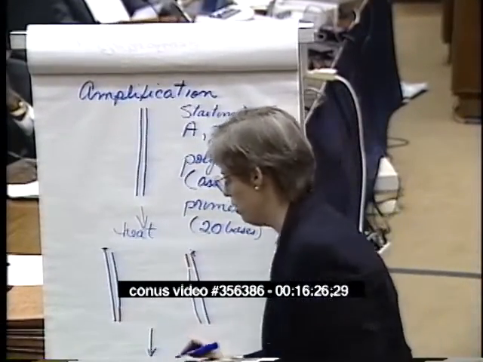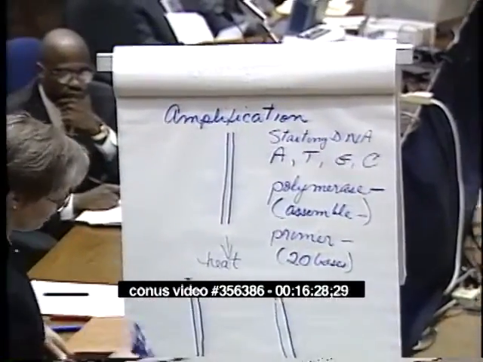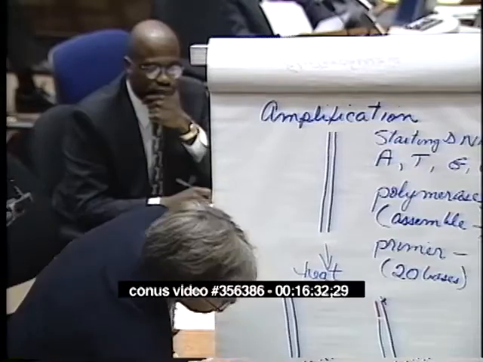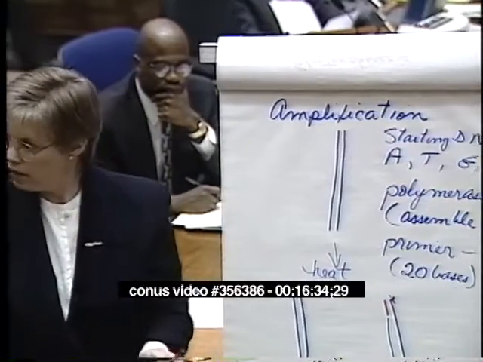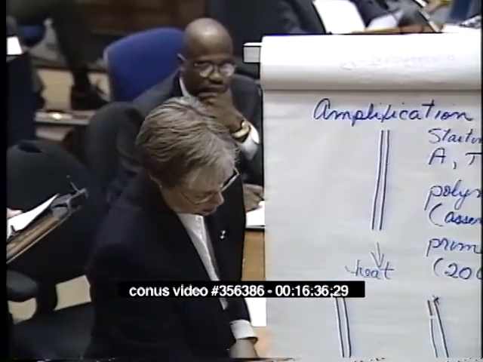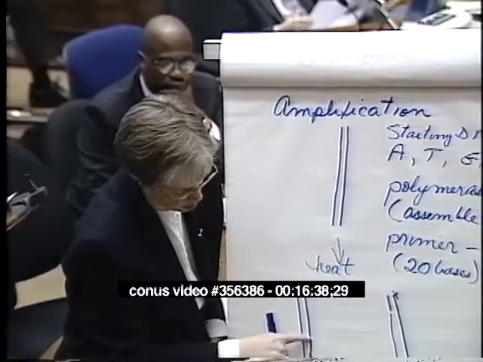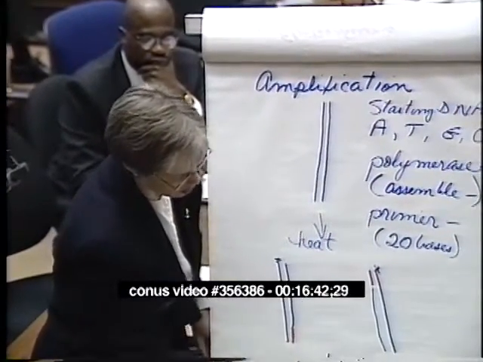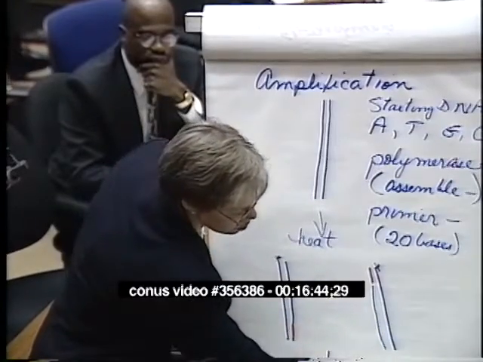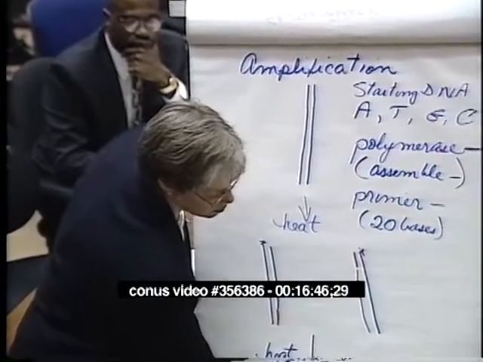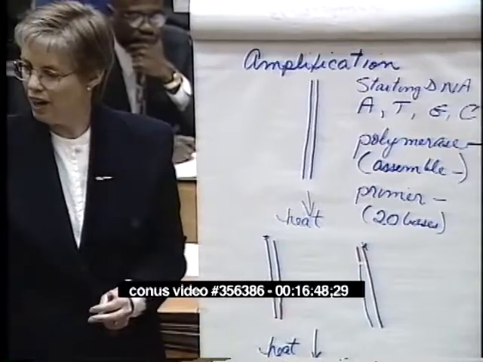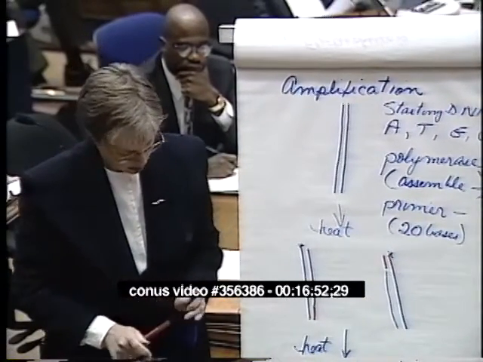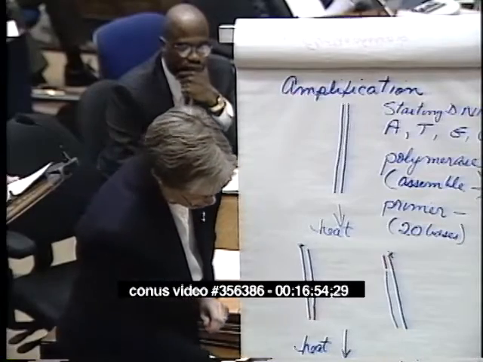So you go, start the cycle again, heat it up. These two double strands will come apart. And now again you drop the temperature down and let the primers bind.